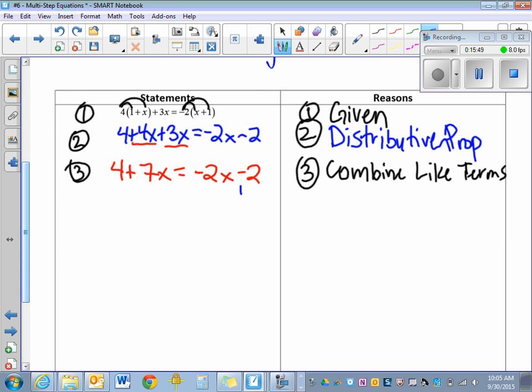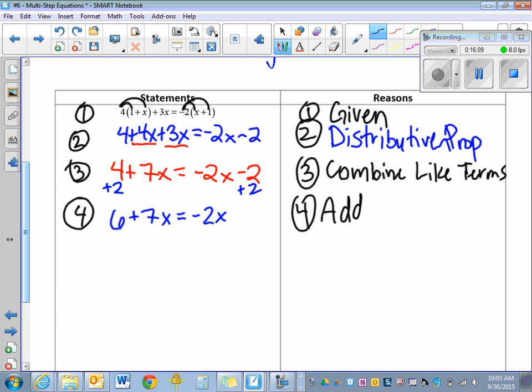Good. So add 2. Add 2. So then I get 6 plus 7x equals -2x. And that property there, we added the same thing to both sides, so the addition property of equality.